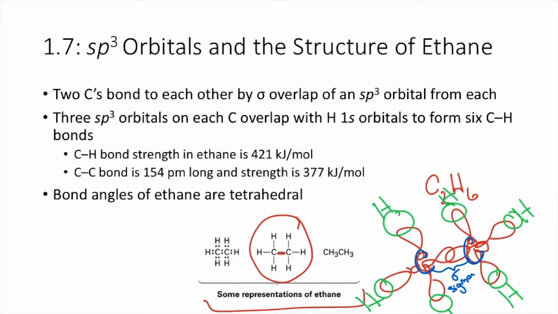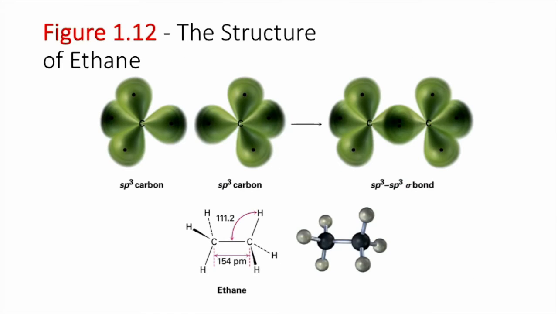So both carbons would be sp3 hybridized. The carbon-carbon bond has a strength of 377 kilojoules per mole. And all the bond angles here would be 109. So here's a picture of what I was talking about.